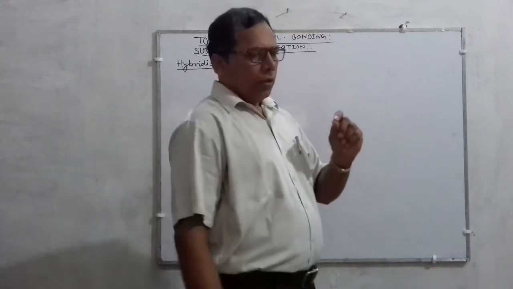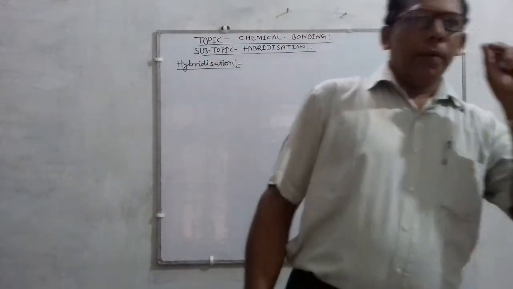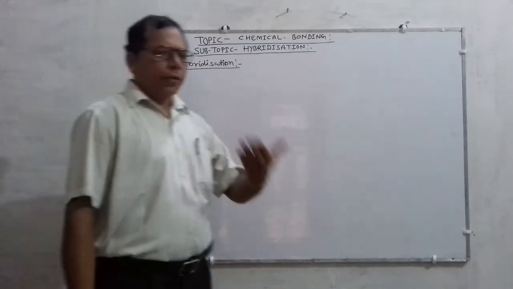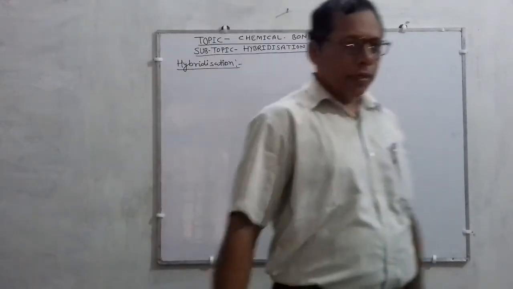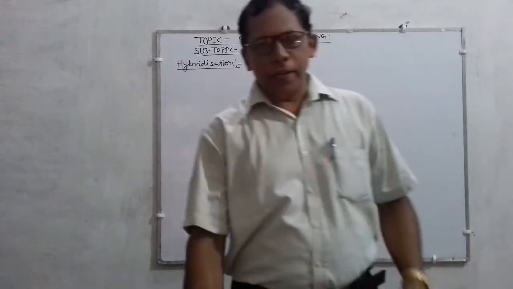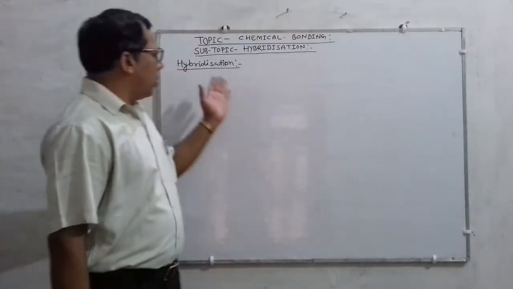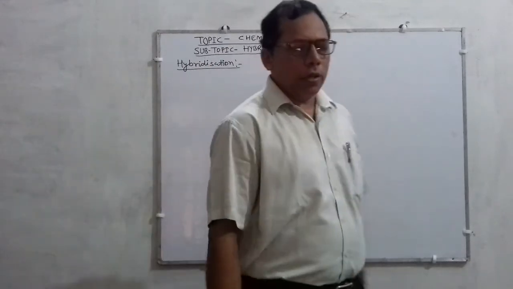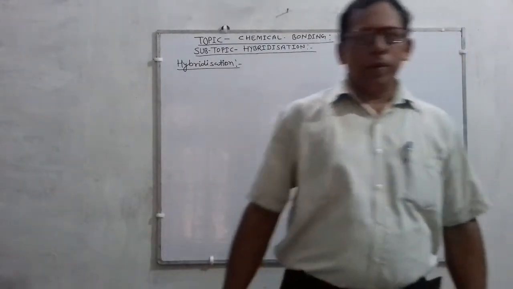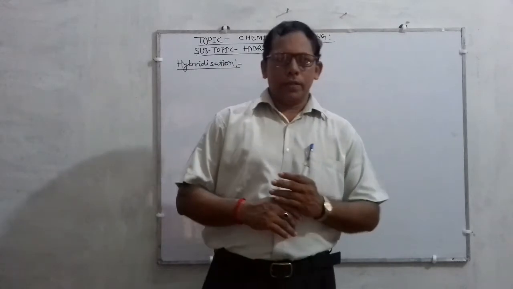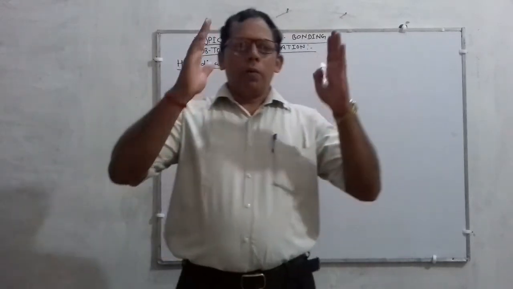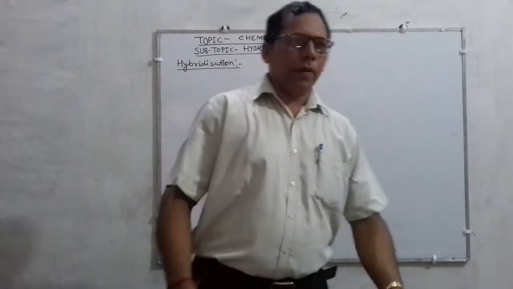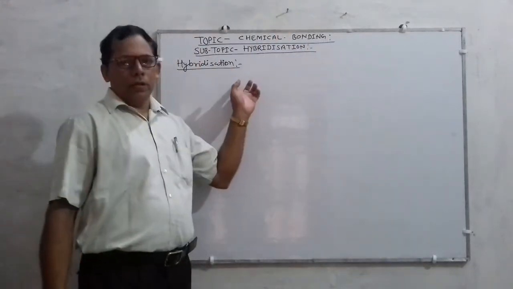Before going into the detail of hybridization, I would like to explain that you know about valence bond theory. According to valence bond theory, a covalent bond is formed by the overlapping of atomic orbitals, in which only half-filled atomic orbitals take part in the formation of a chemical bond.